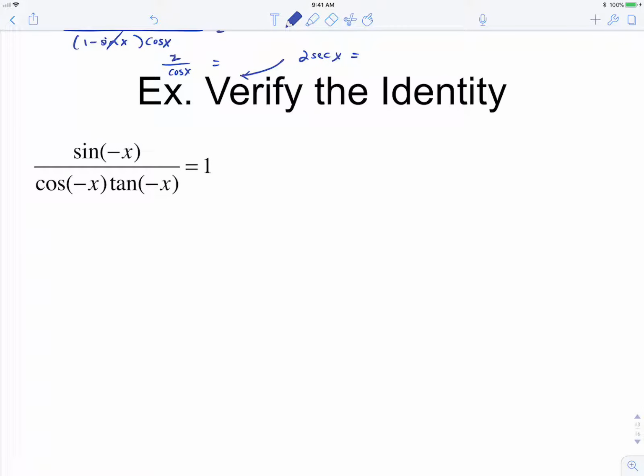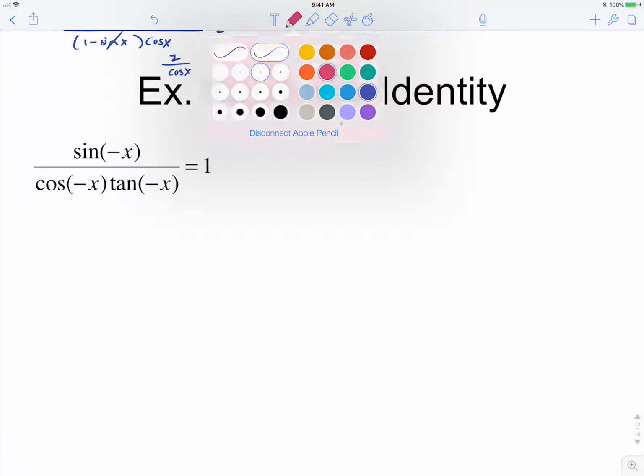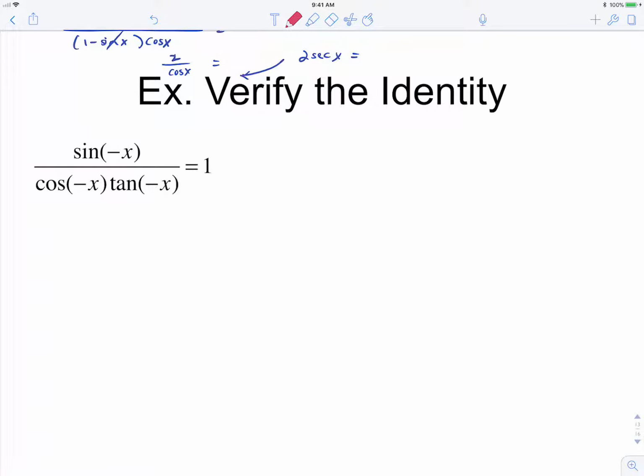Okay. So for this next identity, what sticks out to me is the negative 1 being multiplied by the argument here. So we can use our even-odd identities.